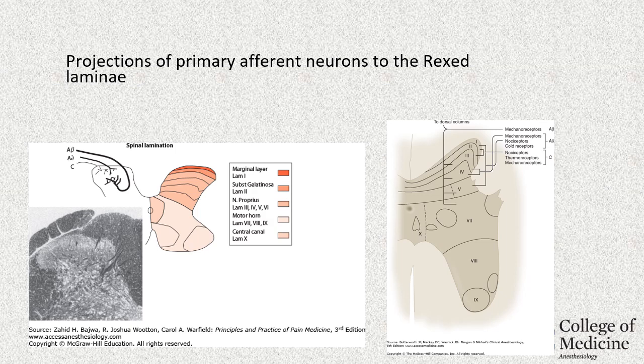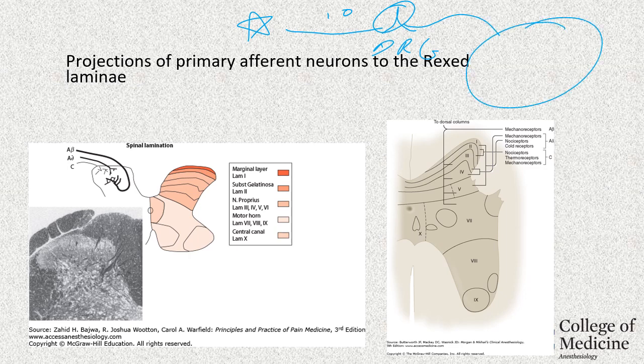Now we're getting into where these primary afferent neurons synapse. So stimulus, primary afferent neuron, dorsal root ganglia, so DRG, into the spinal cord.